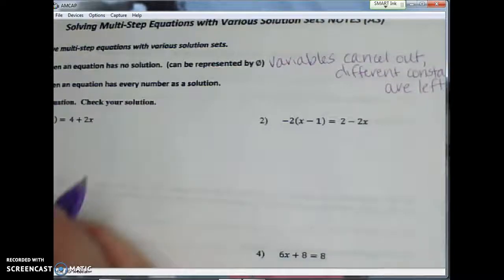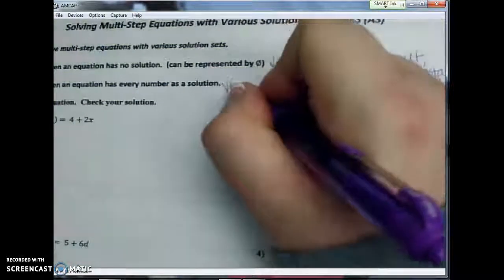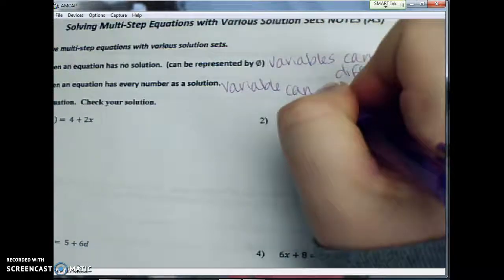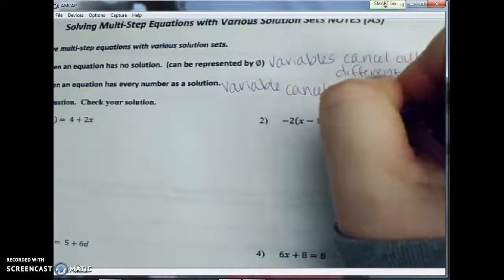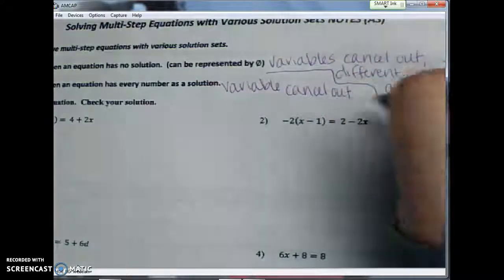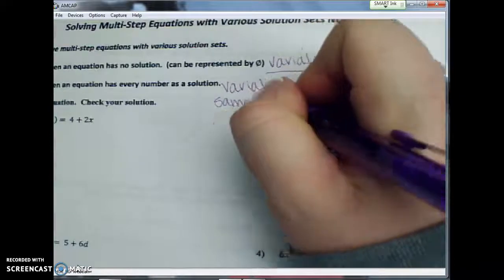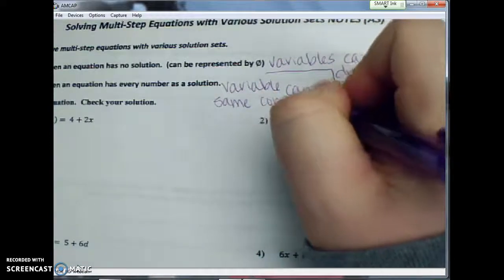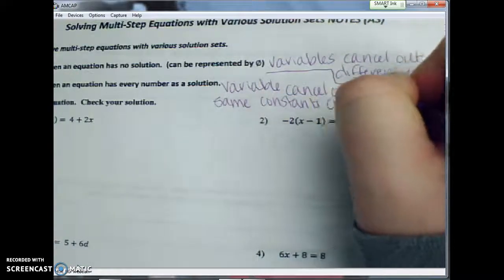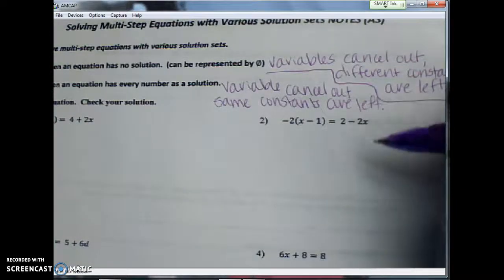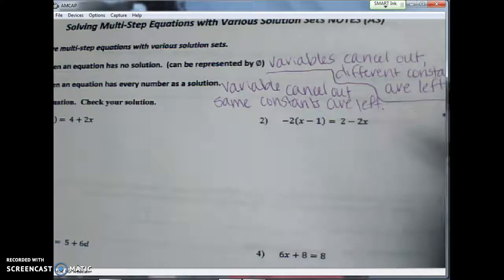And so what happens is, again, your variables are going to cancel out, but this time the same constants are left. So essentially your variables cancel out and your constants cancel out, and you're left with nothing. So it means it's the exact same expression on both sides.